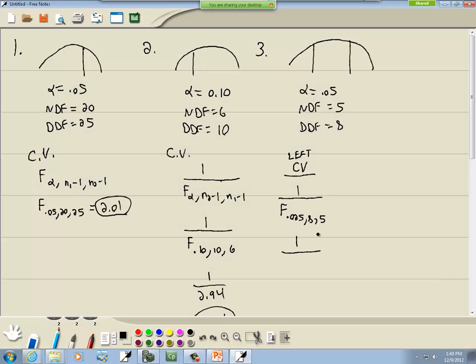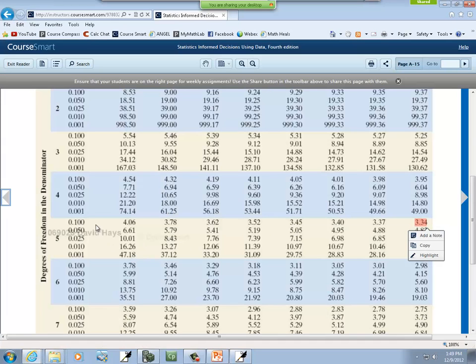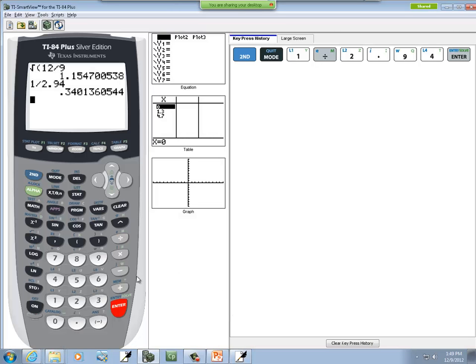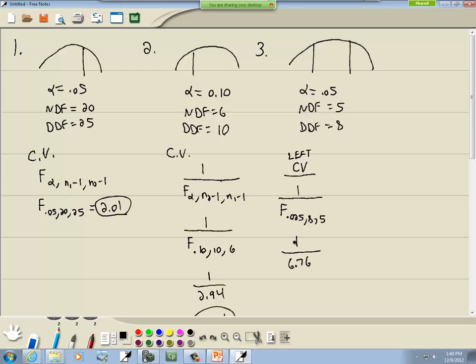And what are we looking up for alpha? 0.025. 0.025 is the third one down, which would be this one, 6.76. So this would be 1 over 6.76. So 1 divided by 6.76. And we get 0.15 if I take it to 2 decimal places.